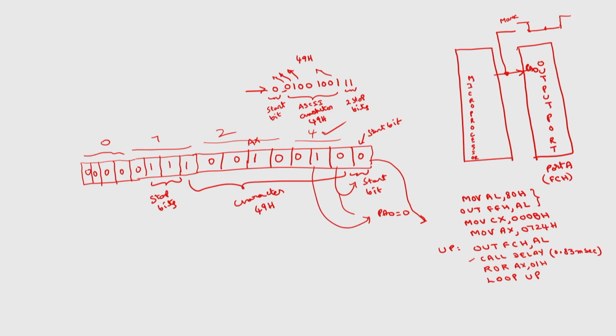Once all the 11 bits have been outputted, it will come out of the loop, and we simply have to halt. This is how using software we can transmit any character with a specified number of start bits and stop bits. Similarly, at the receiver, this is about the serial data transmission. So, what about the serial data reception?